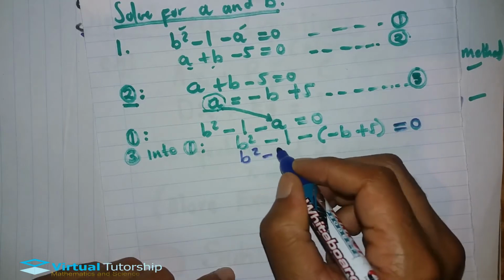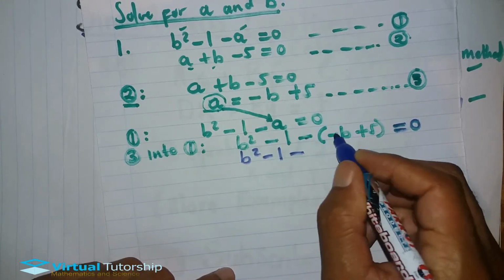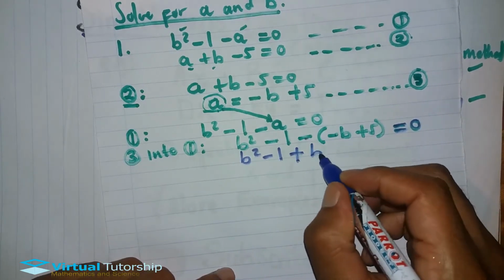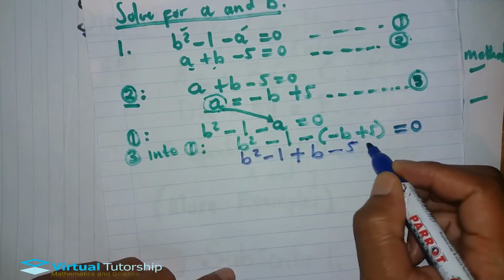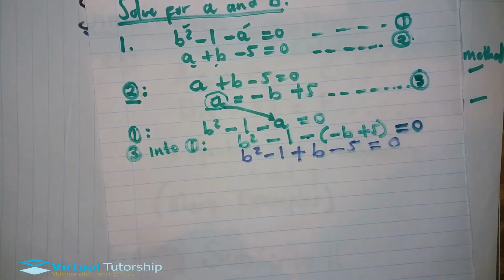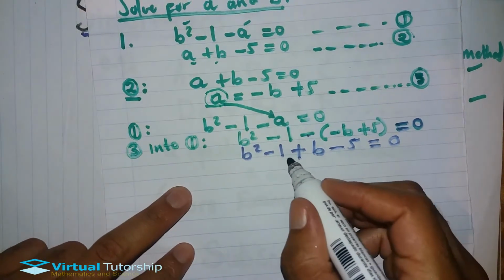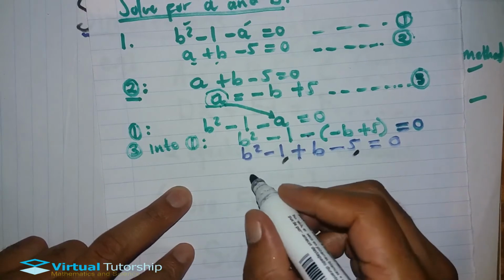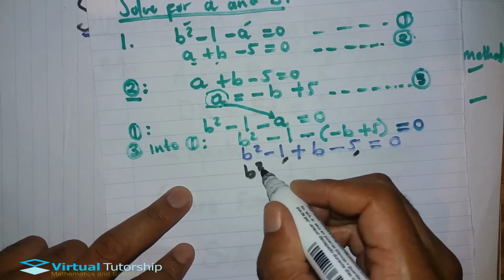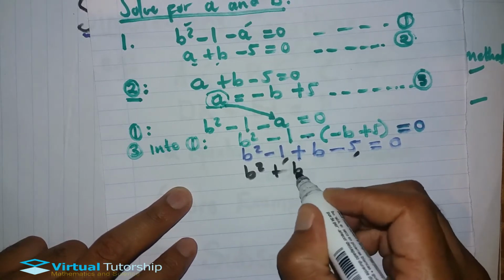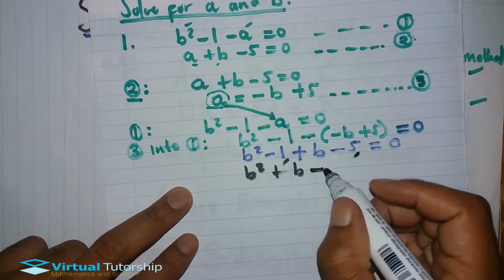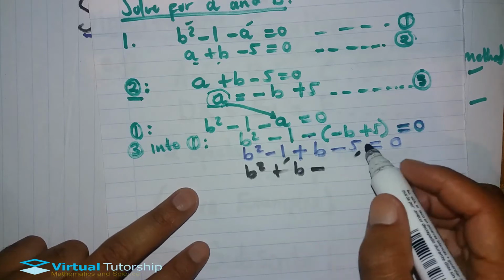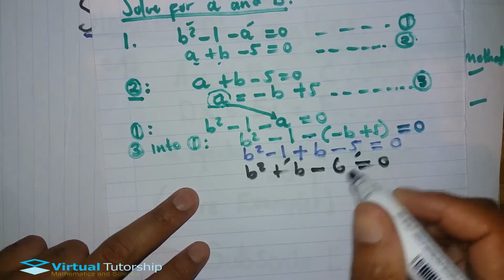It's b squared minus 1, and a minus times minus b is plus b, and a minus times positive 5 is minus 5, equals 0. Collecting like terms, minus 5 and minus 1, it's b squared plus b minus 6 equals 0.